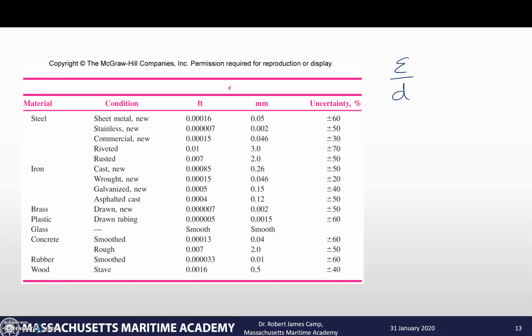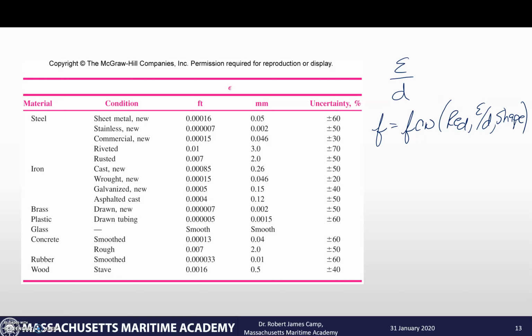So why is this important? Because if you remember, the Darcy friction factor is a function of three things: Reynolds number based on diameter, epsilon over d, and shape. We'll talk about shape later.